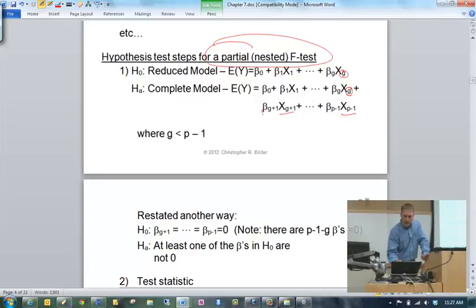So we can see how many additional terms does the complete model have. p minus 1 minus g.